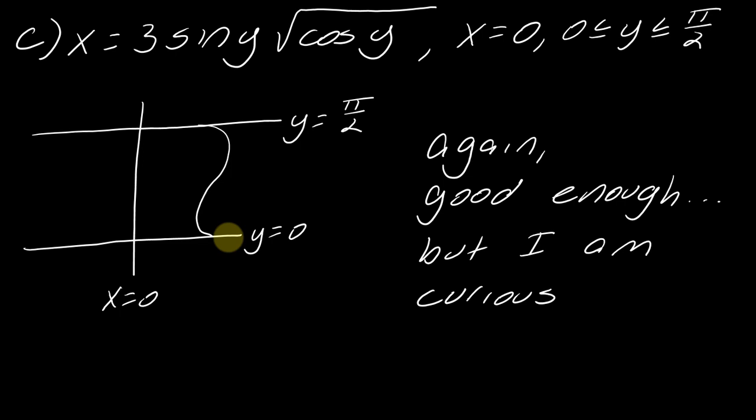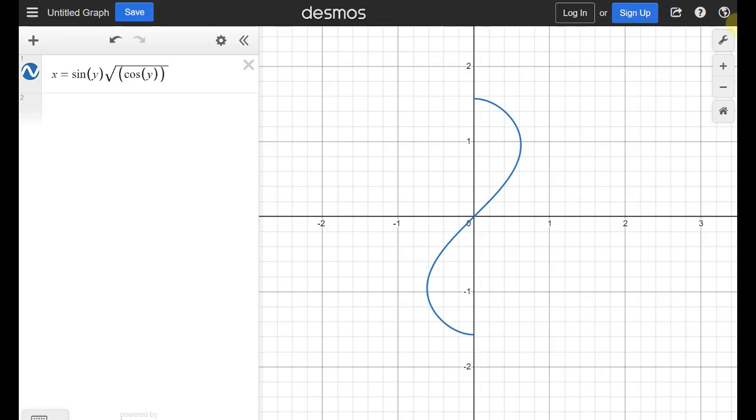I thought it might be fun just to take a look at Desmos real quick. I don't know what this graph looks like. Sometimes I think it's nice to look at technology just to see what some of these weird things look like. So here's the graph. Remember, we are just doing this from 0 to pi over 2, so we're just dealing with this little portion right here.